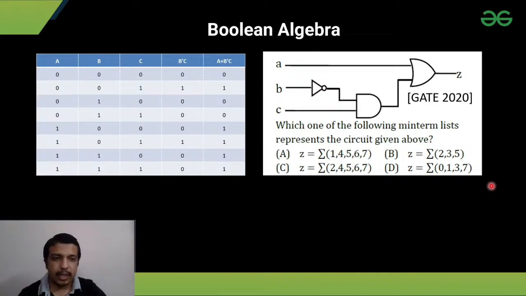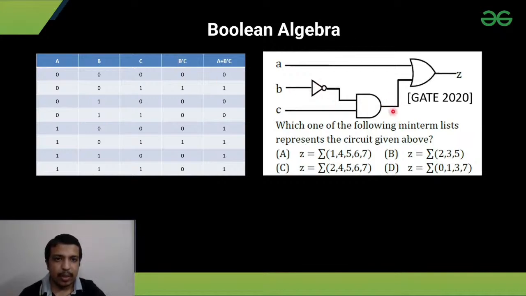Now let us consider some previous year GATE questions. We are given this Boolean circuit and we need to tell which expression corresponds to this circuit. So I have drawn the truth table for this. For this gate we need b complement c.